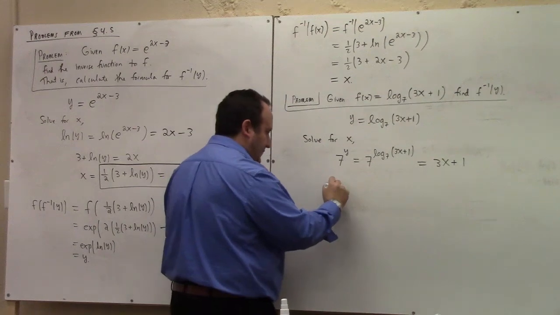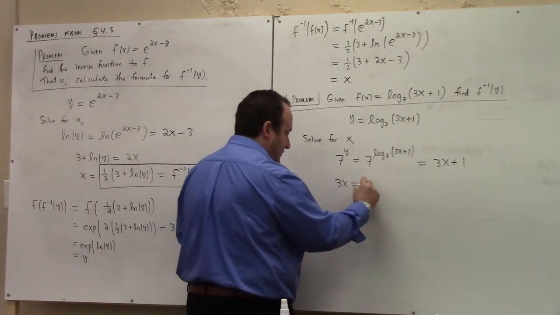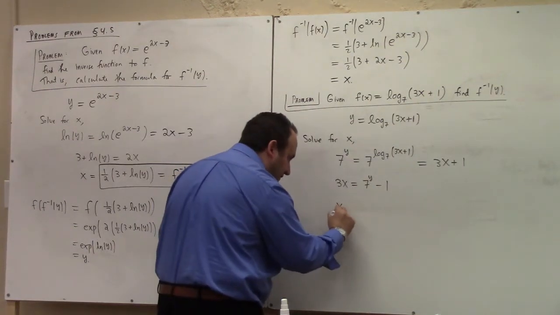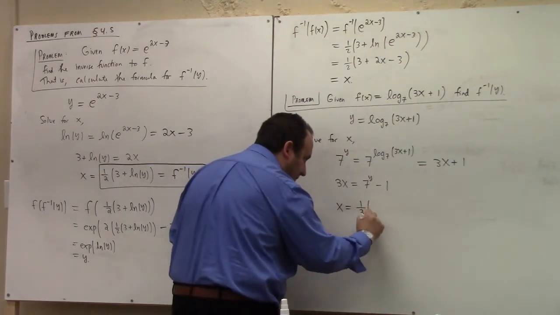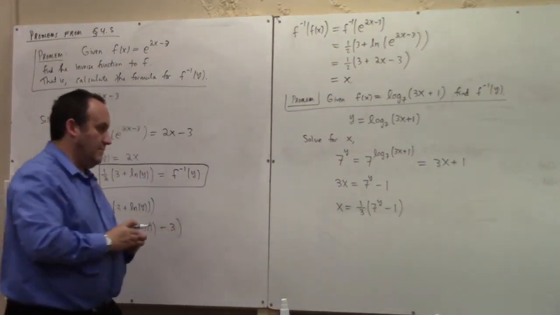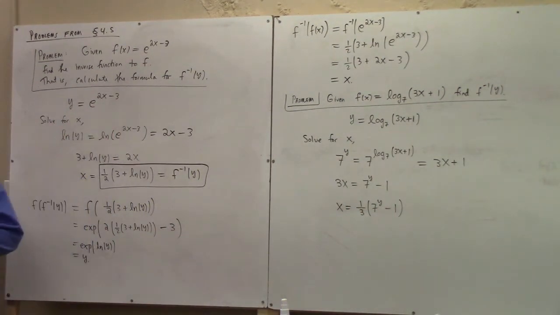And so we've got 3x is equal to 7 to the y minus 1, which gives us that x is equal to 1/3 of 7 to the y minus 1. Now we solve for x. Whatever's left over, that's the inverse function of y. So that's it. I mean, that's the formula right there.